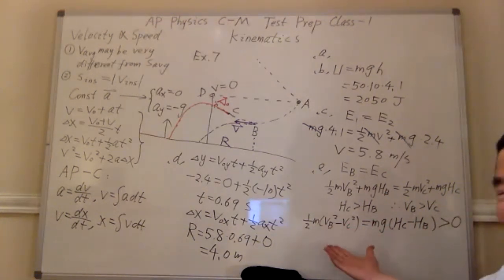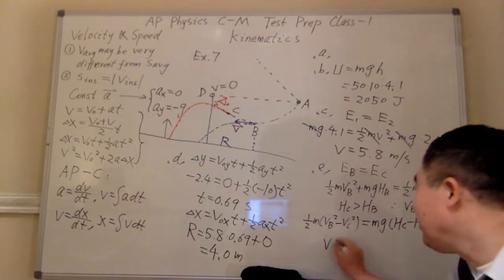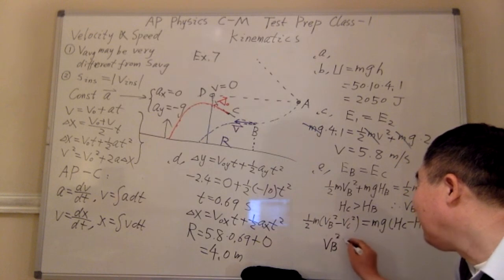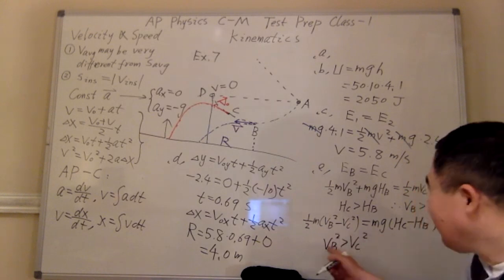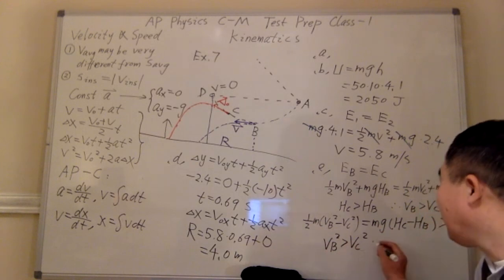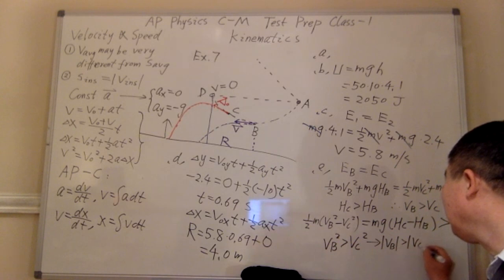If it's larger than 0, then immediately you get VB square larger than VC square. Remember, VB square larger than VC square only means magnitude VB larger than magnitude VC.